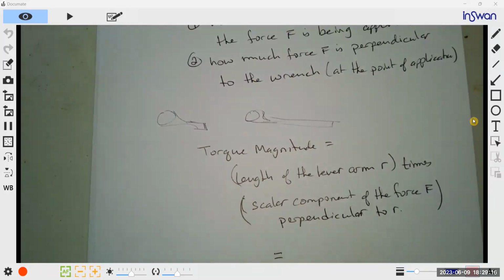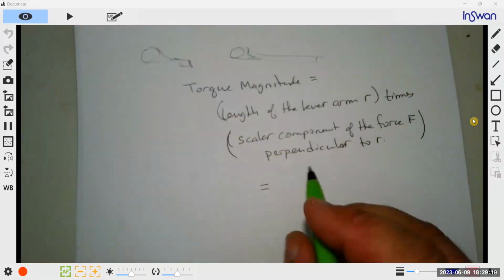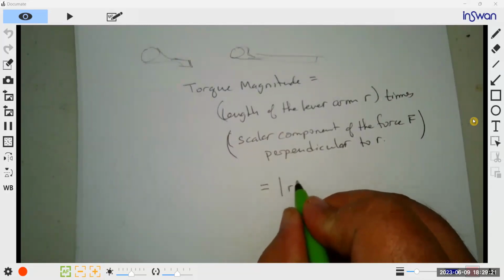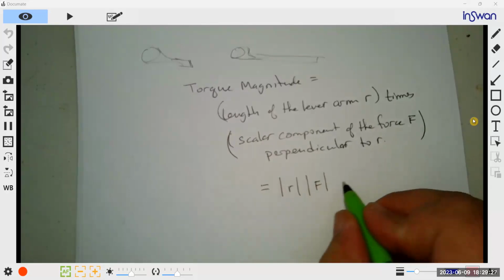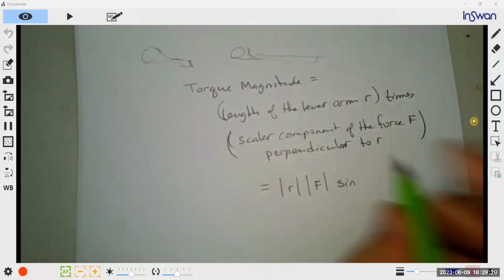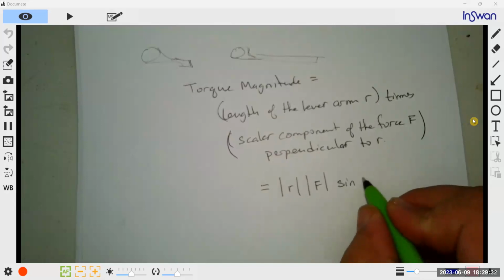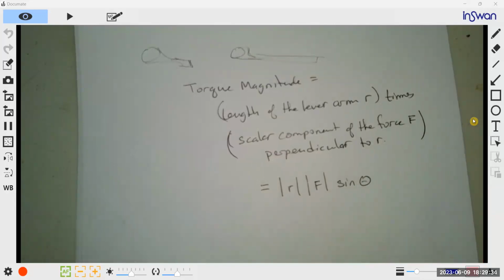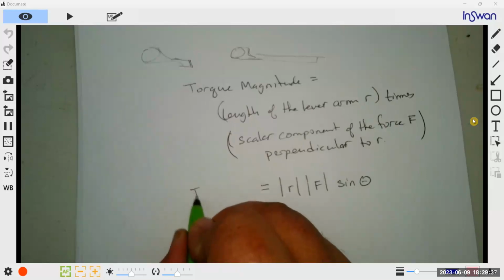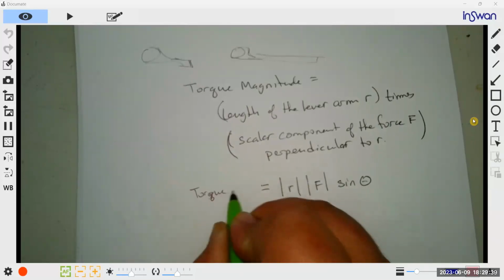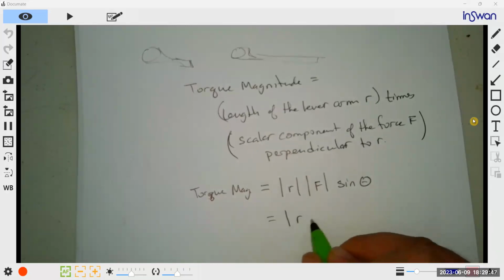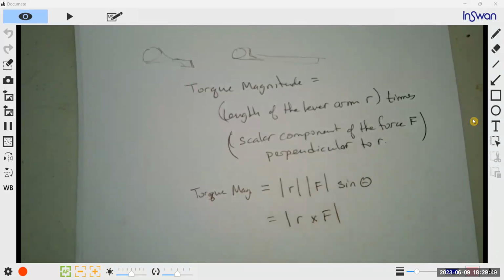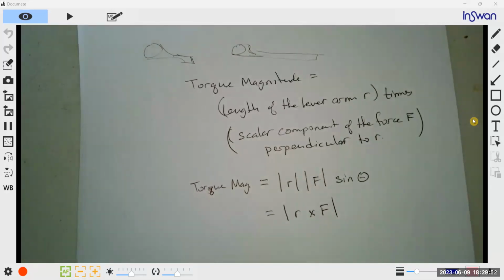Mathematically, what we're looking at here is the magnitude of R times the magnitude of the force. Since we're going vertically up and down, it's our rotation. So what this really tells us is a cross product between the length of the lever arm across the force.